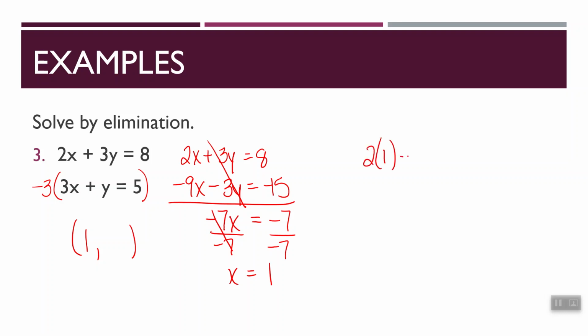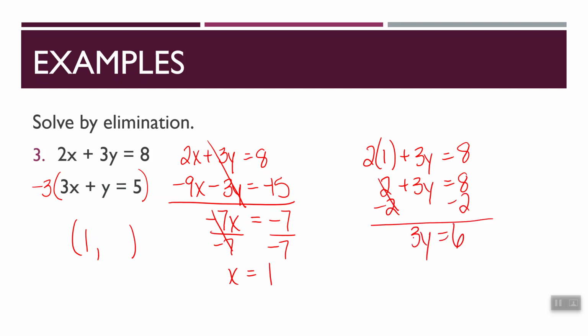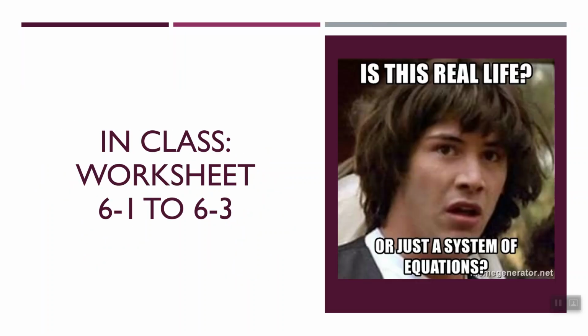You're going to substitute it in for x so that we can solve for y. Here we get y equals 2. So the solution to this system is 1, 2. Again, that's where the two lines intersect.